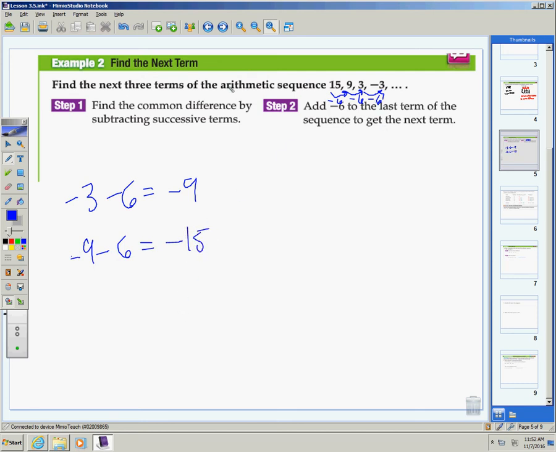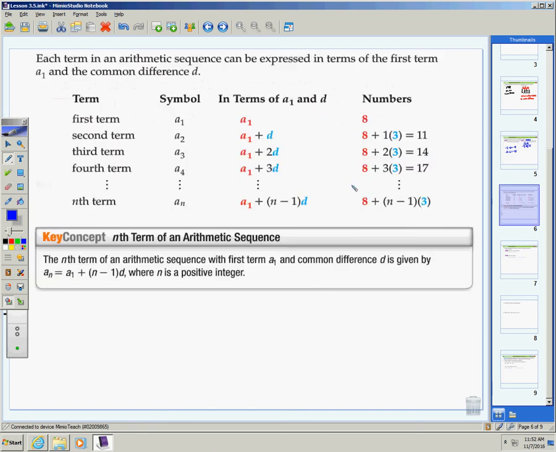So to get the next three terms, I just have negative 9, negative 15, then I'd have to subtract 6 one more time and get negative 21. The pattern just keeps going. Notice it's still minus 6 every single time. Finding the next terms is actually one of the easiest things you can do with these arithmetic sequences.